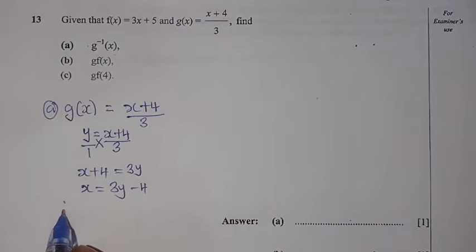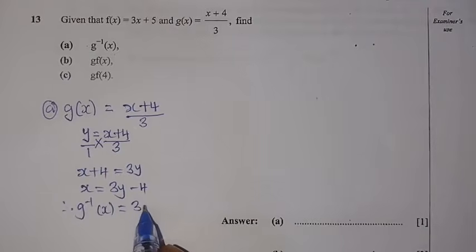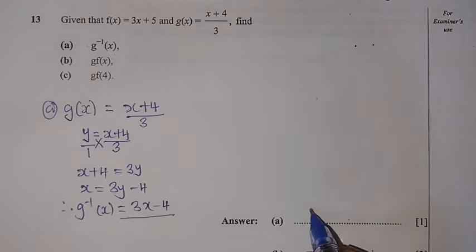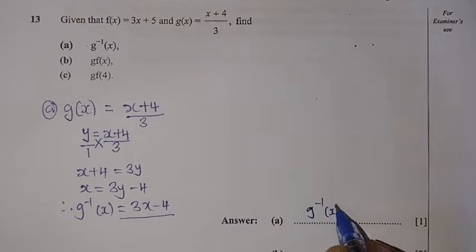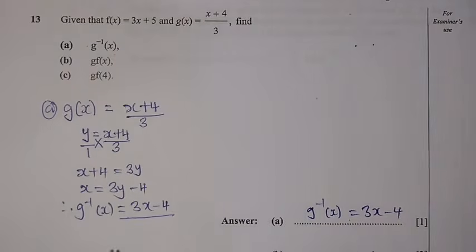Therefore, g inverse of x is equal to 3x minus 4. So this is the answer for question A.